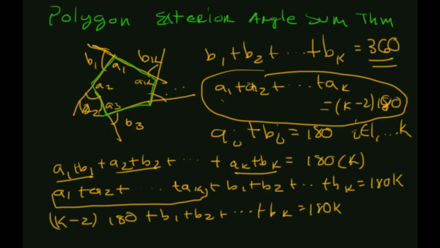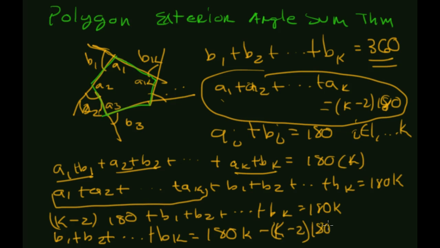Okay, so let's just subtract that from both sides. B1 plus B2 out to BK should equal 180 times K minus K minus 2 times 180. Let's see, if I distribute that 180 and that minus sign, I should get 180K minus 180K plus 360.